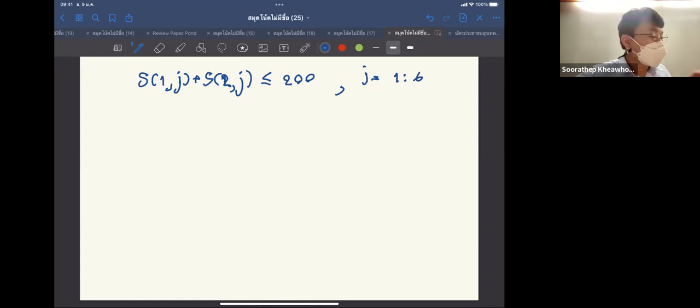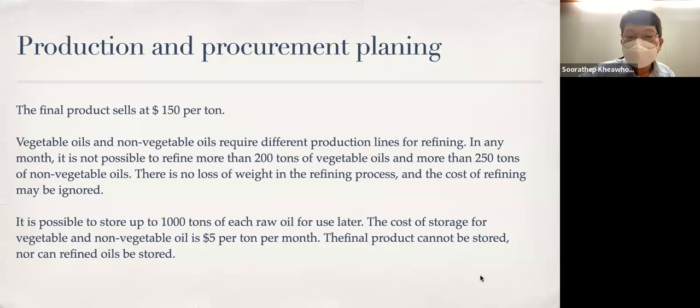So S1J plus S2J must be less than 200, because 200 is the maximum capacity of the refinery. It is not possible to refine more than 200 tons of vegetable oils.